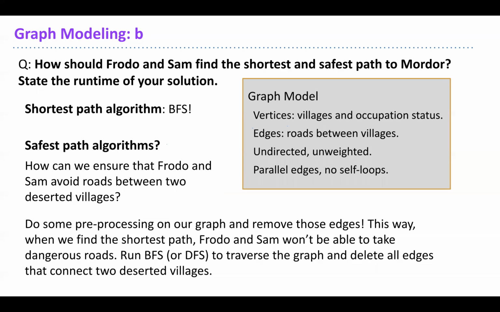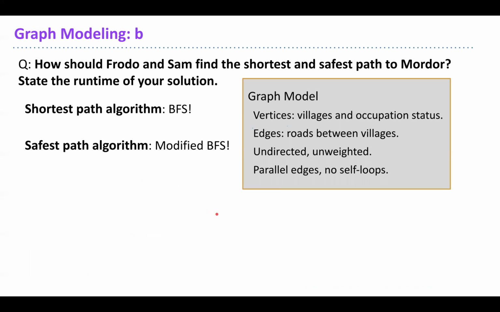So essentially what we're doing is, suppose you have a graph of 5 nodes and there's an edge in this graph which connects two deserted villages. In our first pass, we just take out this edge. So the next time we run BFS, the edge between two deserted villages won't exist. So it'll find the shortest path without having to go through that road which connects two deserted villages.